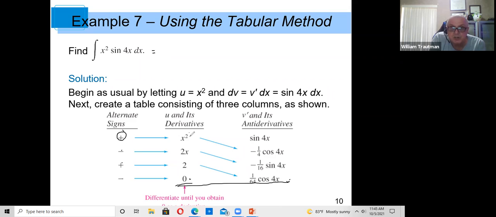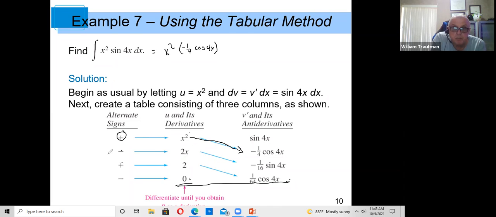This is the answer. You start off with u, and then you go to dv. So you end up with x squared times a negative 1/4 cosine 4x. And then that's a plus.